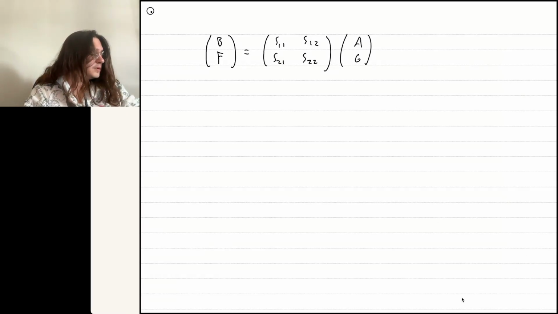Remember back in chapter 2, when you were solving for reflection amplitudes and scattering amplitudes for different situations, different potentials.